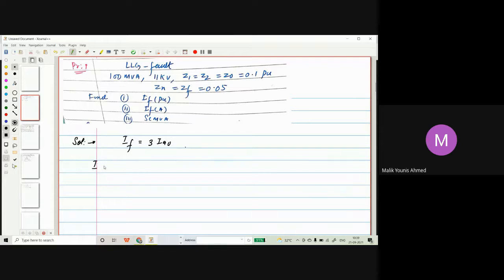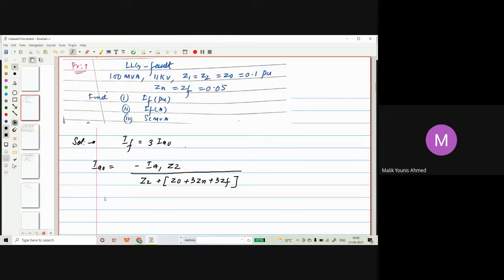We can find I naught as minus IA1 into Z2 divided by Z2 plus Z0 plus 3Zn plus 3ZF. We can write it like this also. You can check the expression.